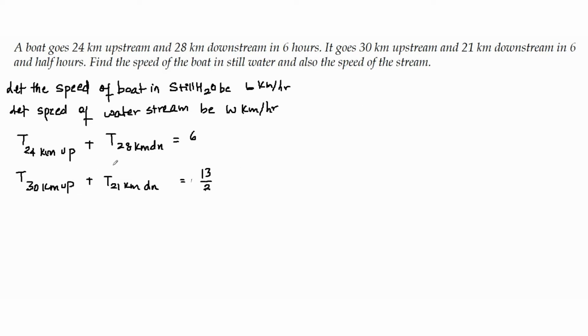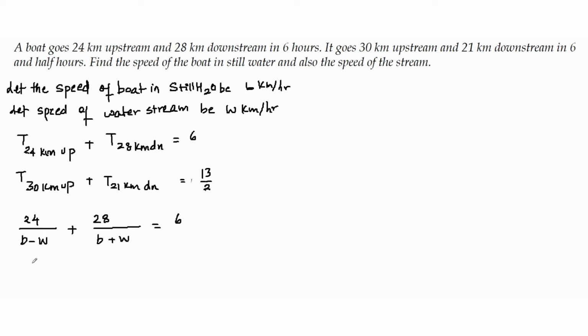And now let us frame the equations. So 24 kilometers upstream, the time taken would be, distance is 24 divided by the effective speed upstream, which is going to be b minus w, plus 28 kilometers downstream would be 28 divided by the effective speed b plus w, and that equals 6.